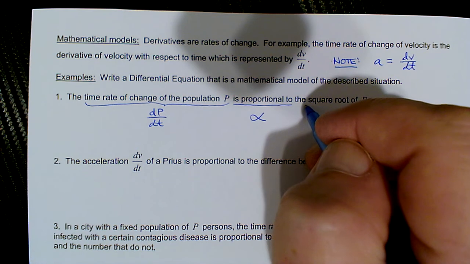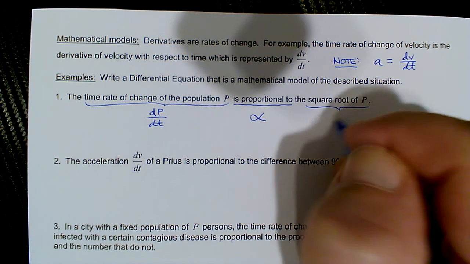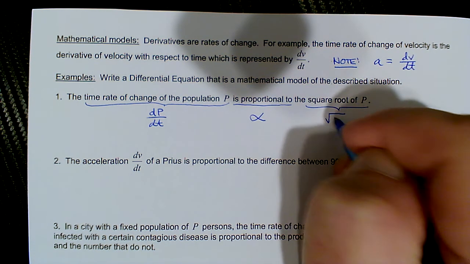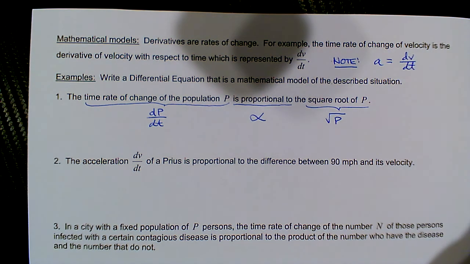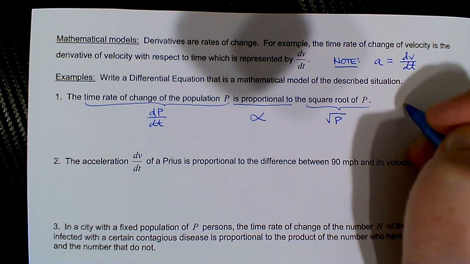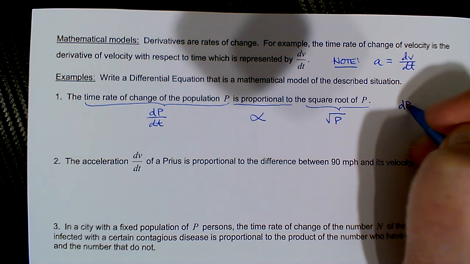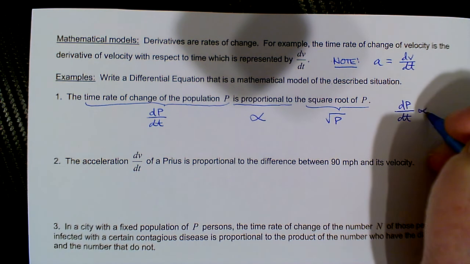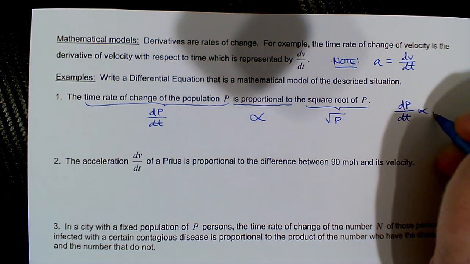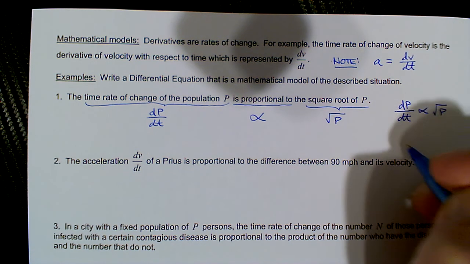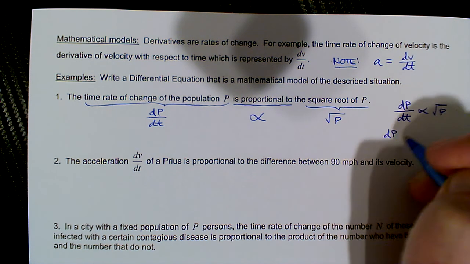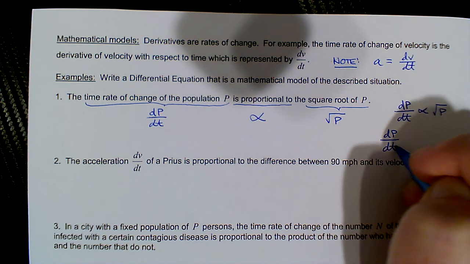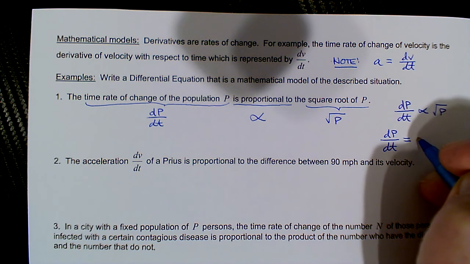So this tells us that dp dt is proportional to the square root of p, but then if it's proportional to it, it's just a constant multiple of it, so we say it's equal to, and typically we like to use k, so k times the square root of p.